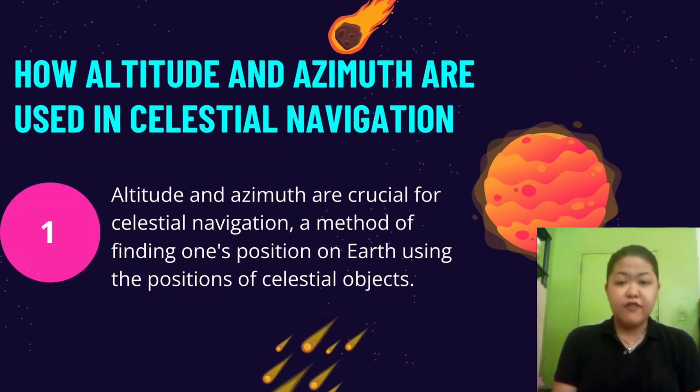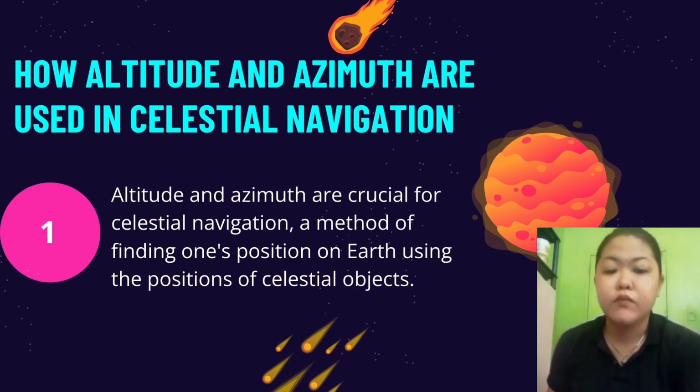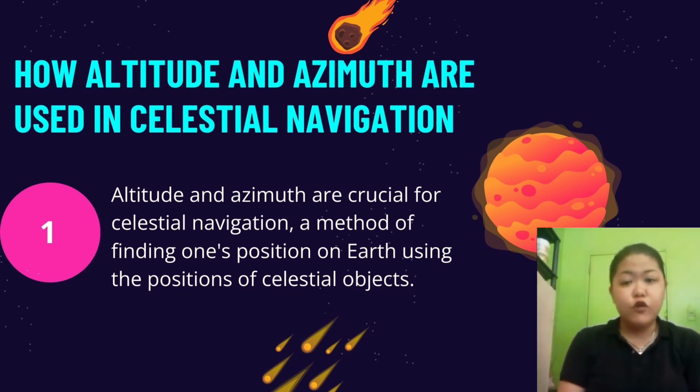How altitude and azimuth are used in celestial navigation. Altitude and azimuth are crucial for celestial navigation, a method of finding one's position on Earth using the position of celestial objects. By measuring the altitude and azimuth of a celestial object, navigators can pinpoint their location. This process involves using a sextant to measure the altitude of a celestial object and a compass to determine the azimuth.